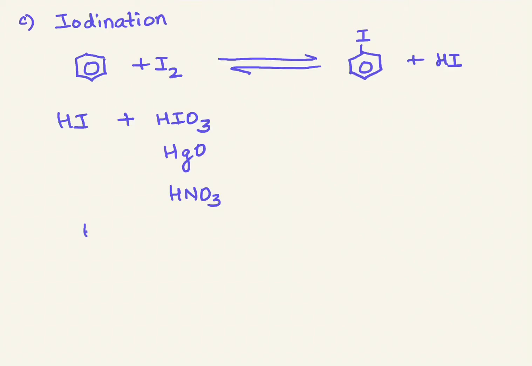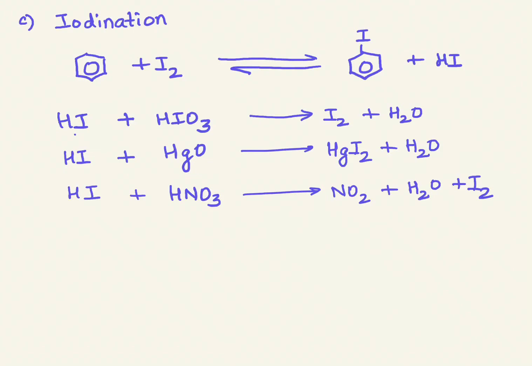All of these being oxidizing agents will convert the HI into water and iodine, right? So would you like to complete the reactions yourself first before I give you the answers? Then please pause the video and try them.